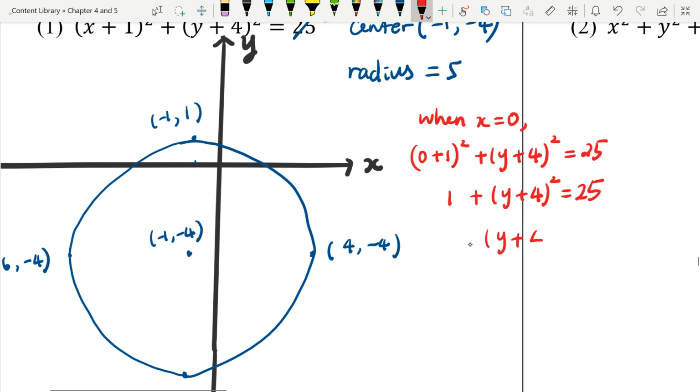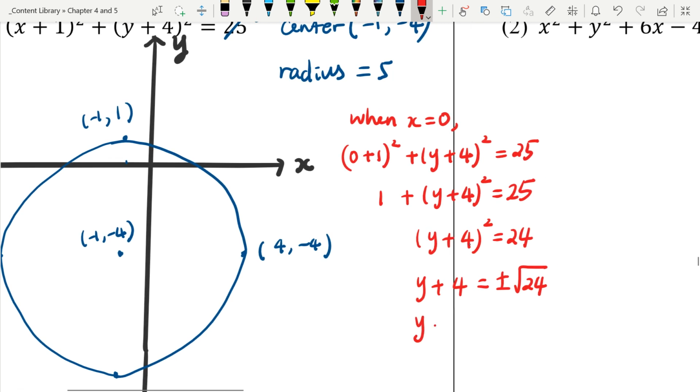Because we can go y plus 4 squared equals to 24. And my question is, what must y plus 4 be? Correct. Plus minus root 24. Okay, you must remember the plus minus, otherwise you won't solve out 2 y-intercepts.